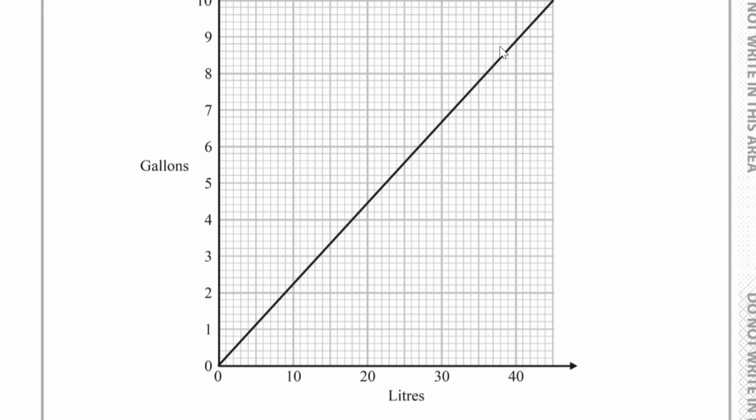What we can do is find out what 30 litres is, say. And if we find out what 30 litres is, you will find 30 litres to equal, read across, 6.6.